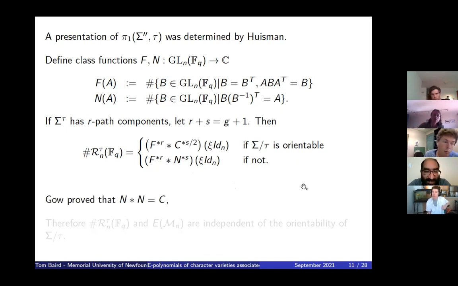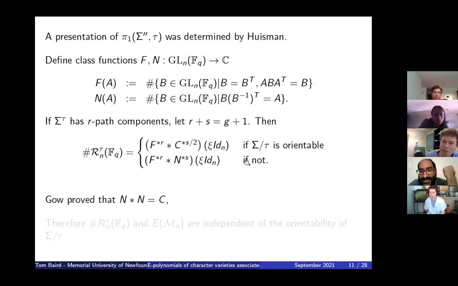Now, a representation theorist named Roderick Gow introduced this function n in a paper in representation theory, and he proved that if you take the convolution product of n with itself, you get C, this function that's related to counting commutators. So I can replace C here by n squared, and you actually get the same formula in both cases.